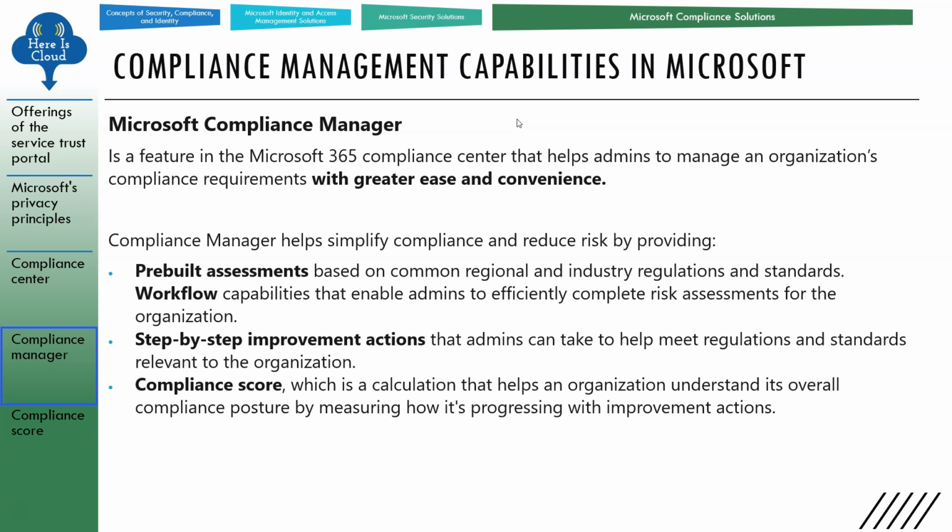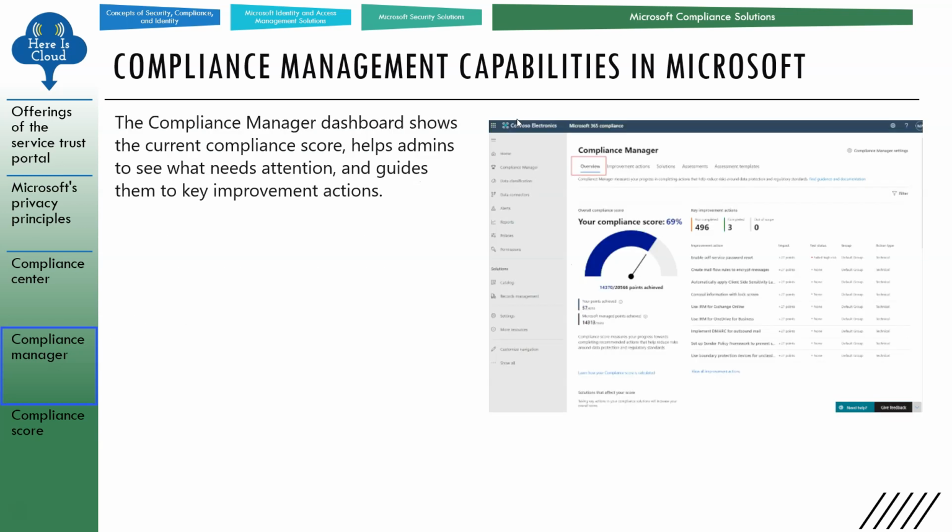And the compliance score, as we saw already, is a calculation that helps an organization understand its overall compliance posture by measuring how it is progressing with the improvement actions. This is what the Compliance Manager dashboard looks like. It shows the compliance score in the center, and also the key improvement actions on the right hand side.